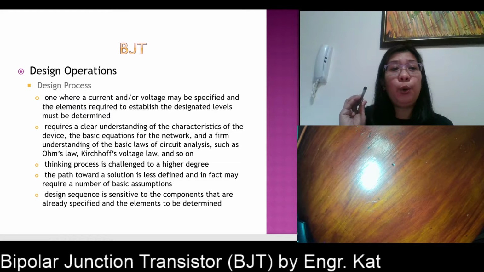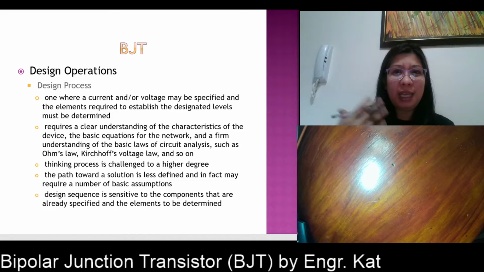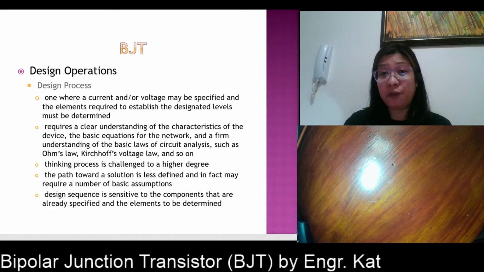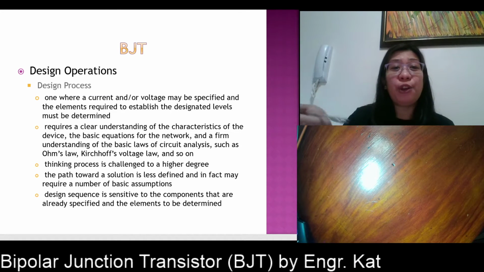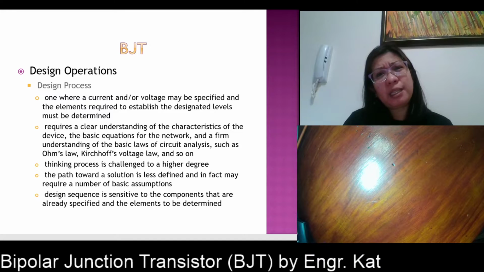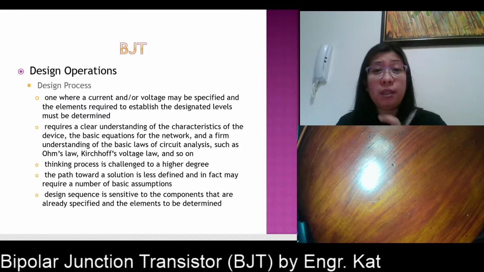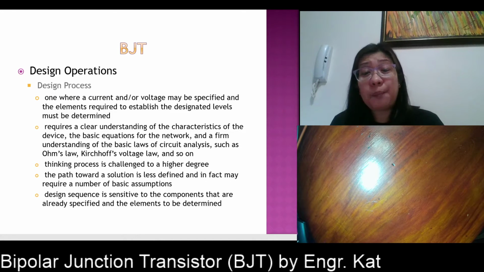In the design operation, this is not the usual procedure of solving for IB, then solving for IC, and then solving for VCE. The thinking process is challenged to a higher degree, because the previous derivations showed just a simple step-by-step solution.